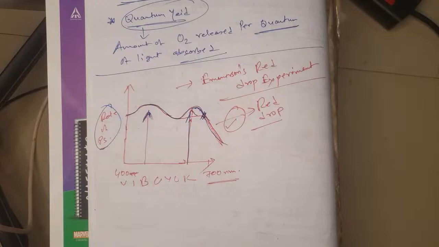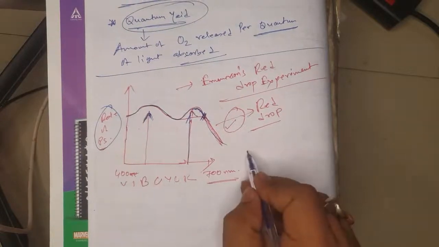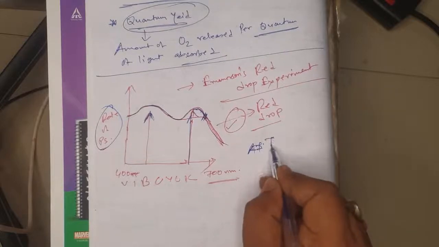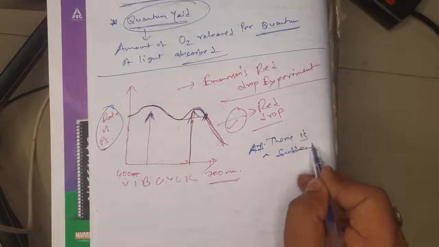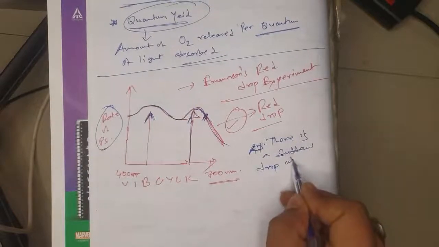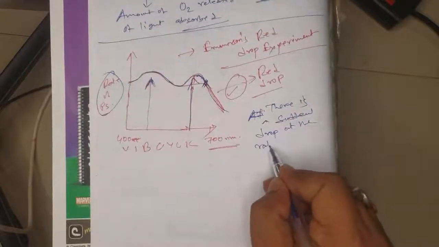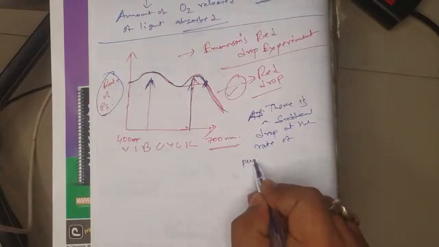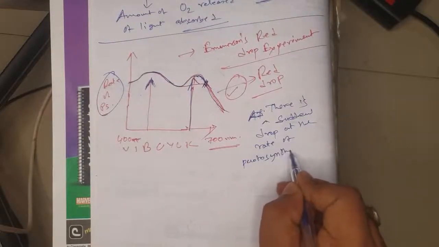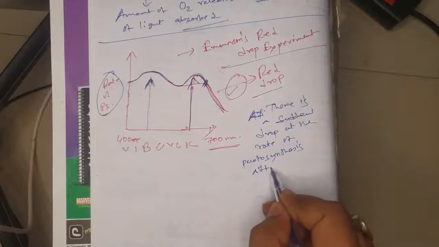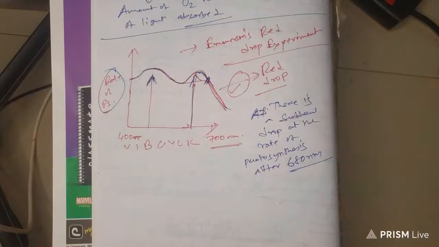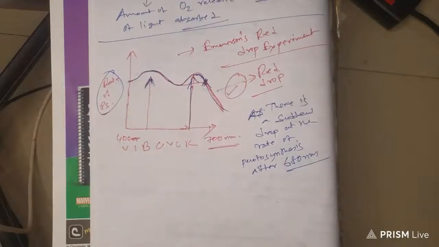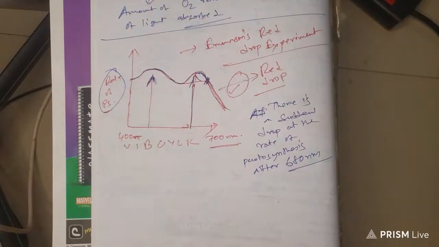There is a sudden drop in the rate of photosynthesis after 680 nanometer, he observed.